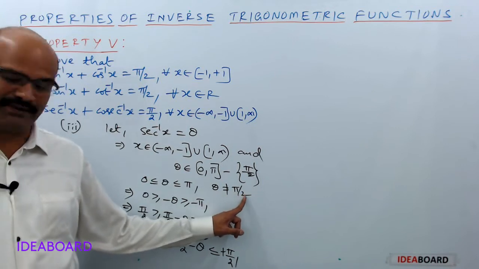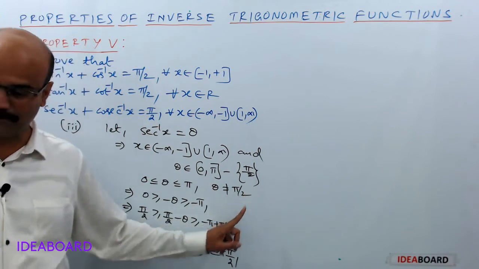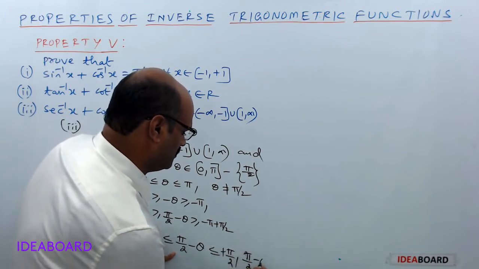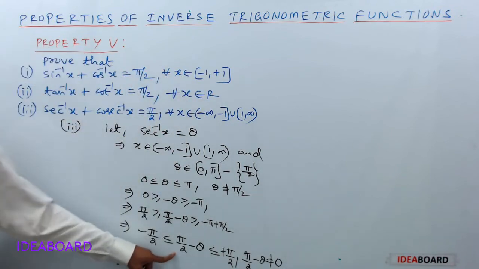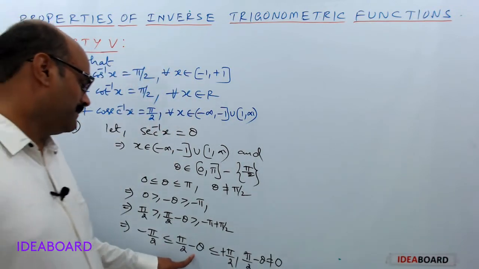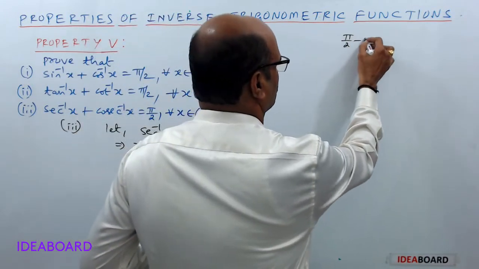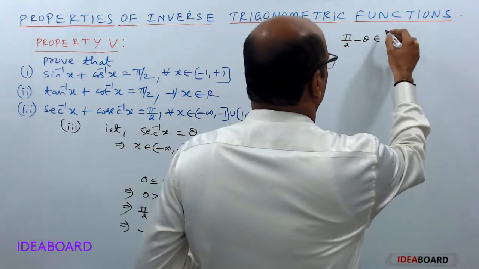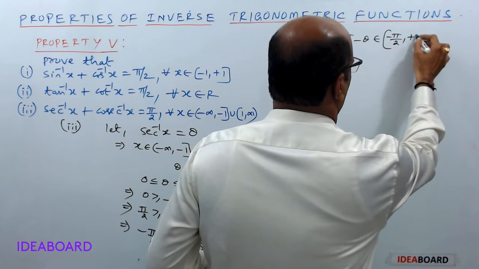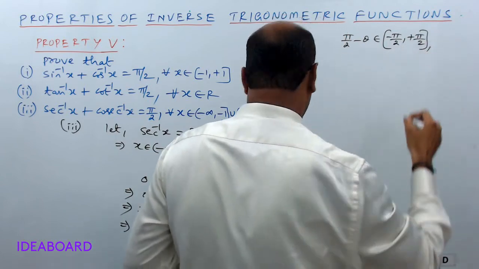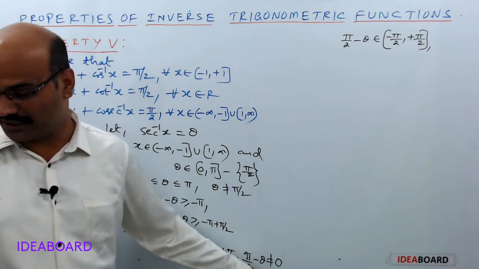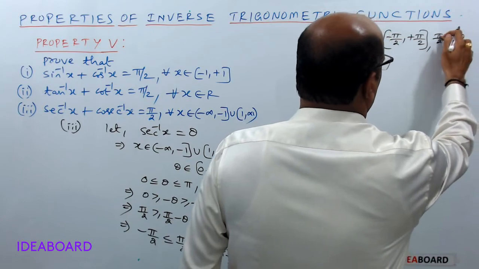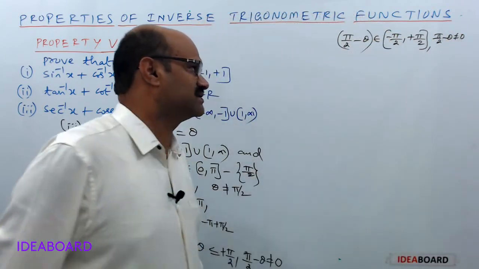Here theta is not equal to pi by 2, so pi by 2 minus theta is not equal to 0. Therefore pi by 2 minus theta belongs to the closed interval minus pi by 2 to plus pi by 2, and pi by 2 minus theta is not equal to 0.